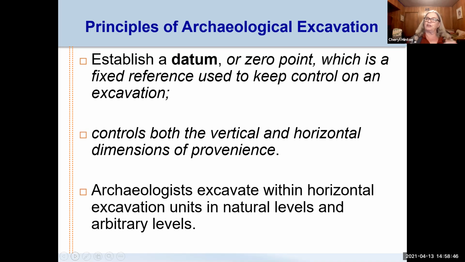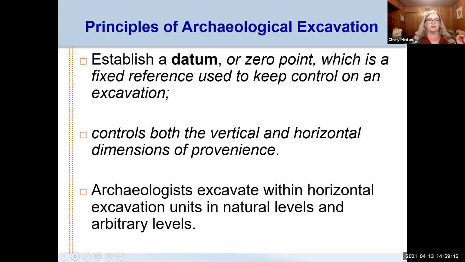Okay, so we establish a datum point on a site. It may have nothing to do with what the USGS did, but is just something that we can find that measurement from again in time and space. And that's our control point. So it controls both the vertical and the horizontal dimensions of the provenience. All right, so everything on the site is measured from the datum point.